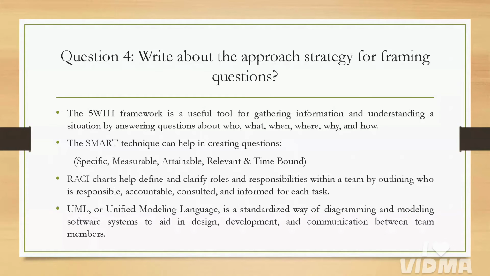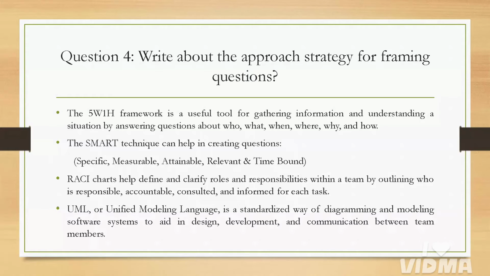UML is the Unified Modeling Language. It is a language used to visualize or model the requirements. We use it to design diagrams like use case diagrams and activity diagrams.